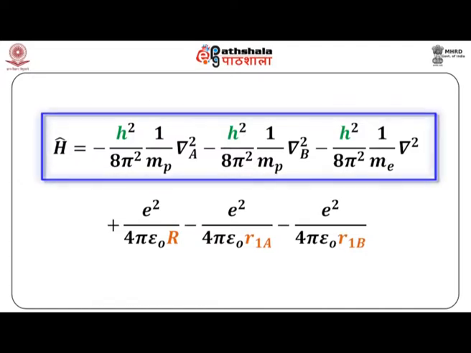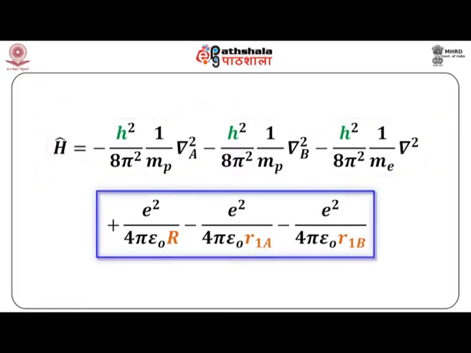H cap is equal to minus h squared upon 8 pi squared m_p del_a squared, minus h squared upon 8 pi squared m_p del_b squared, minus h squared upon 8 pi squared m_e del squared, plus e squared upon 4 pi epsilon_0 R, minus e squared upon 4 pi epsilon_0 r_1A, minus e squared upon 4 pi epsilon_0 r_1B.